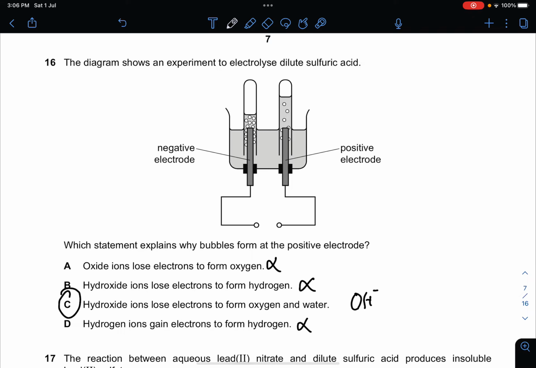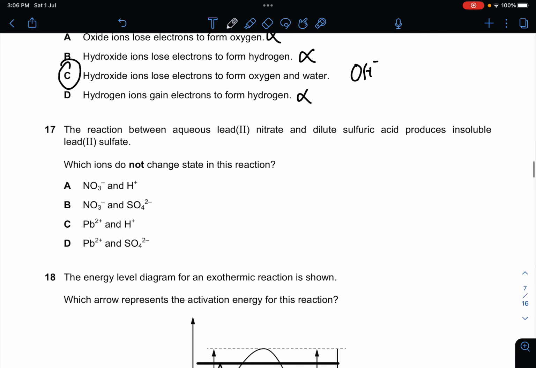Okay, the reaction between aqueous lead(II) nitrate and dilute sulfuric acid produces insoluble lead(II) sulfate. Which ion does not change in the reaction? So this is Pb(NO3)2, and this is H2SO4, and this will produce PbSO4.